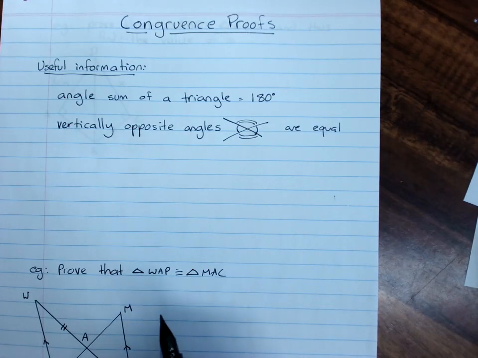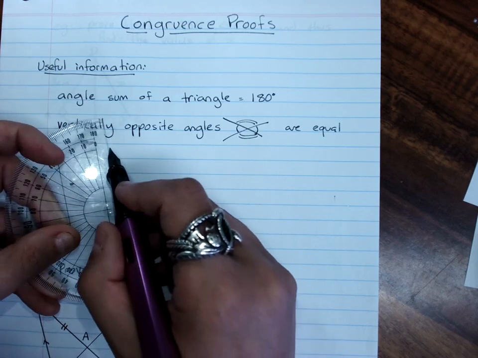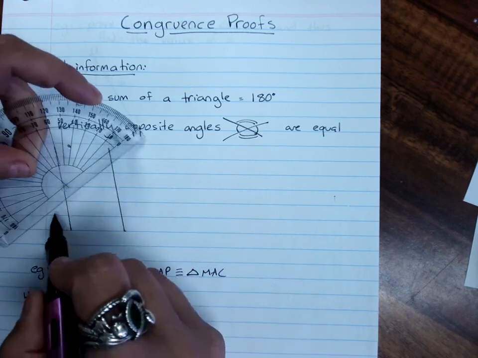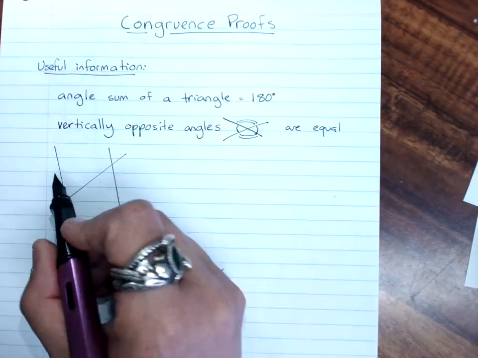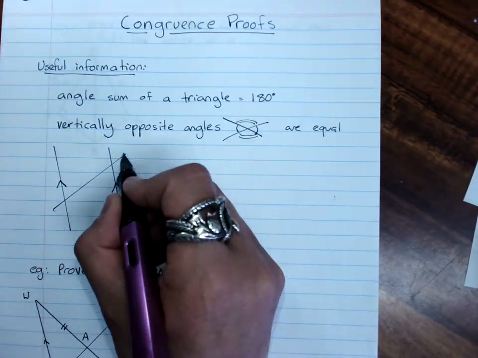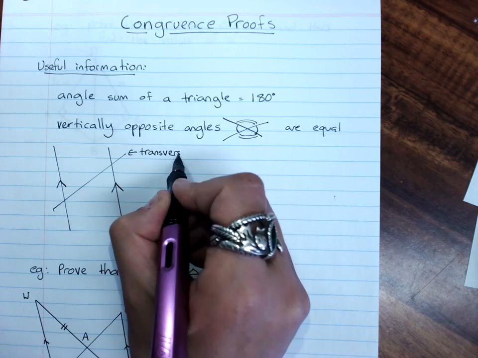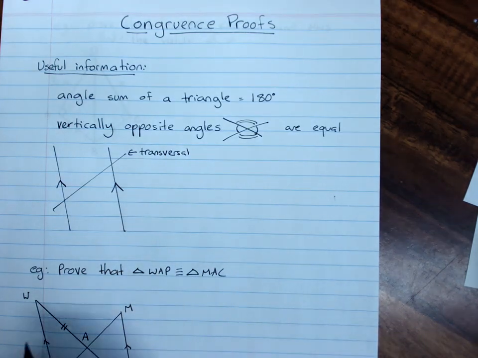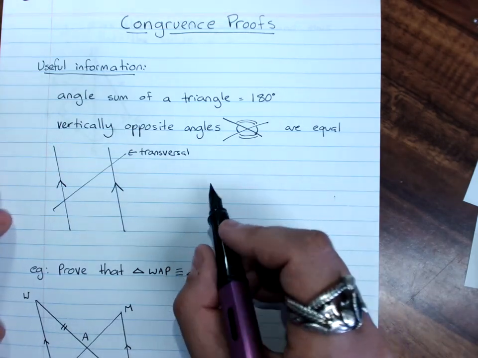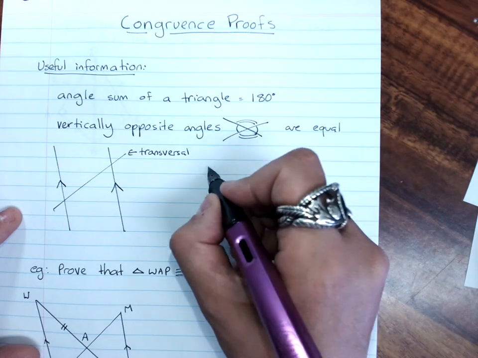And then, of course, we have angles within parallel lines. So when you have a pair of parallel lines and what's called a transversal, then remember, we've got two types of angles that are equal.